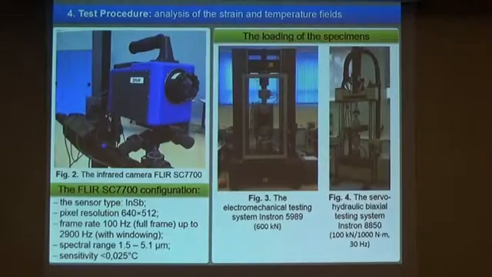Also, we analyzed the temperature fields by using the infrared camera. The loading of the specimens was performed by use of the electromechanical testing system Instron and by the servo-hydraulic biaxial testing system.